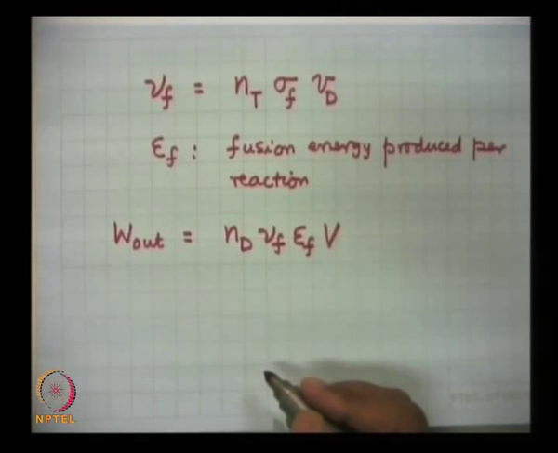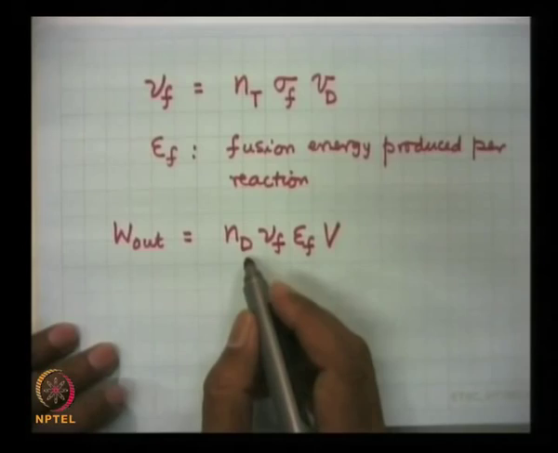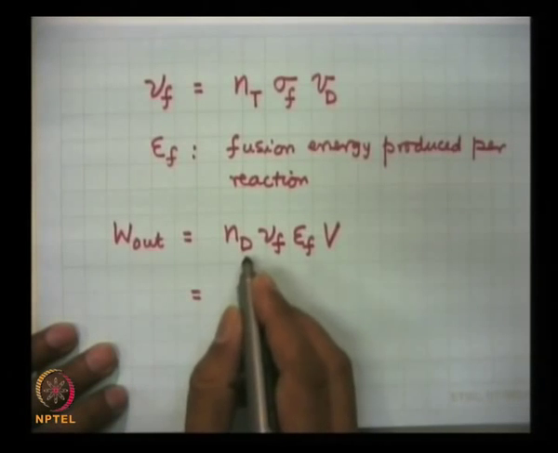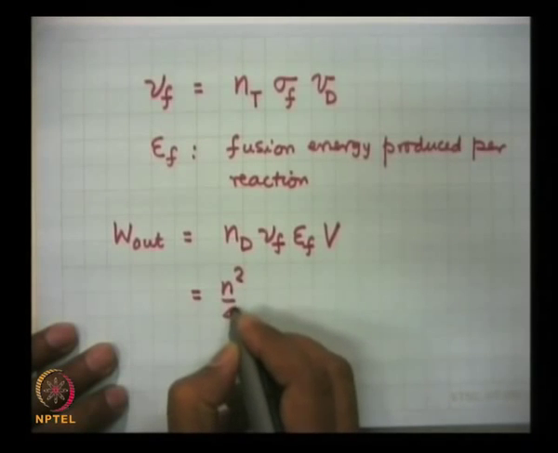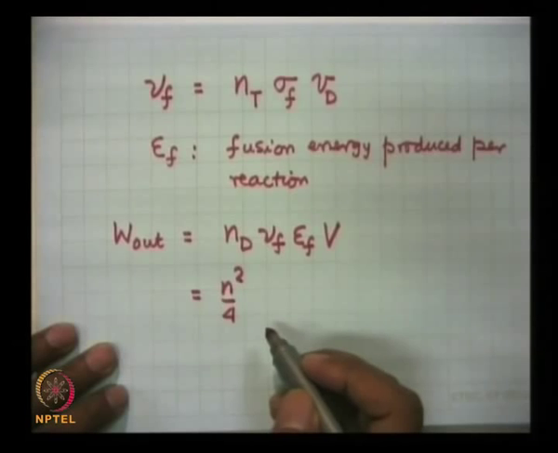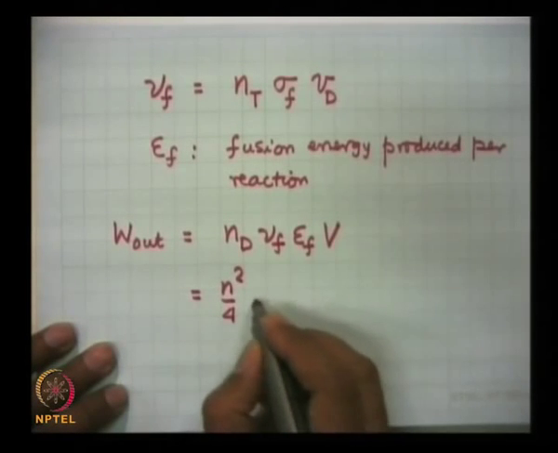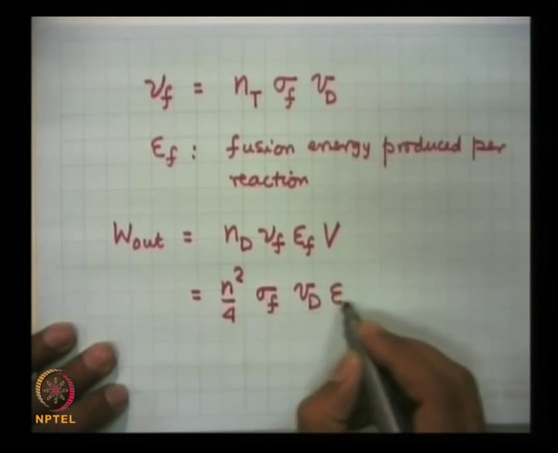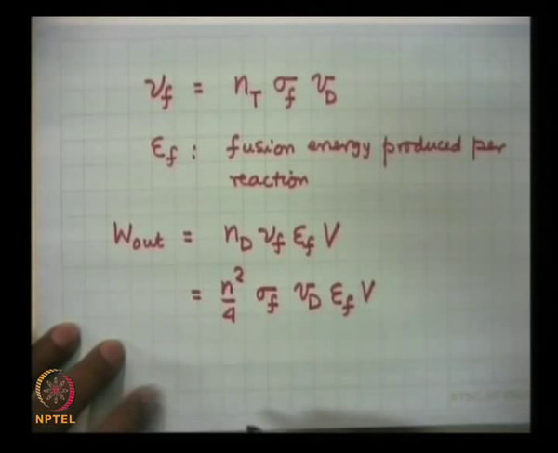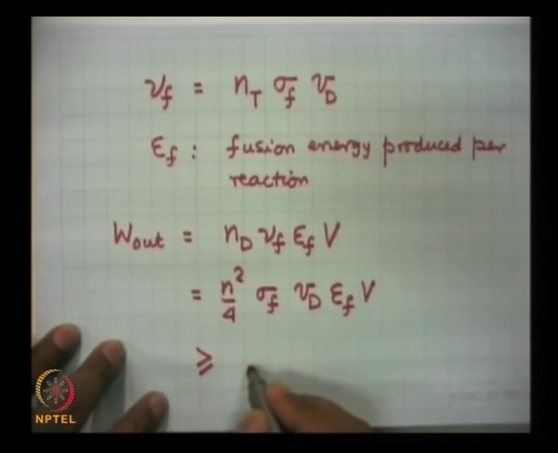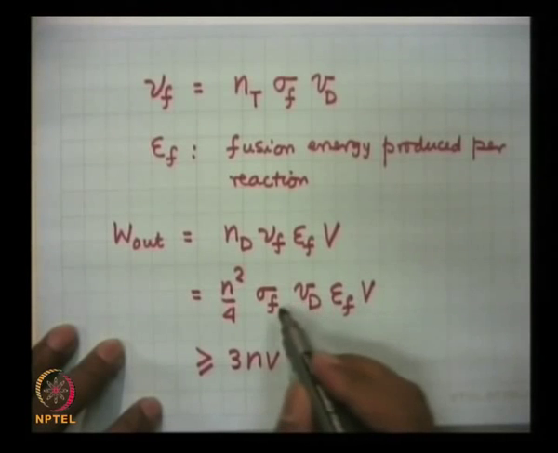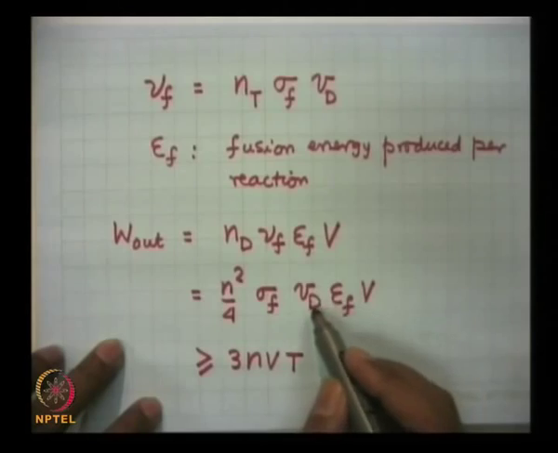is the total energy output. If I put Nd equal to n by 2, where n is the electron density, and Nt also is n by 2, then this can be written as n square by 4, n by 2 from here, n by 2 from there, multiplied by sigma f into Vd into Ef into V, and I want this to exceed the energy that you have put in, which is equal to nV into 3 times T. Please remember, sigma f is a very strong function of energy, and Vd also depends on temperature.